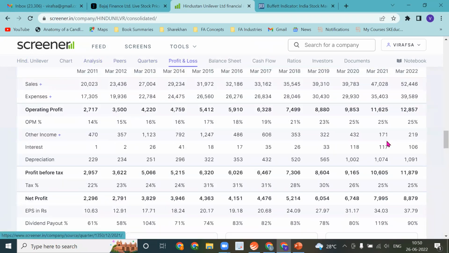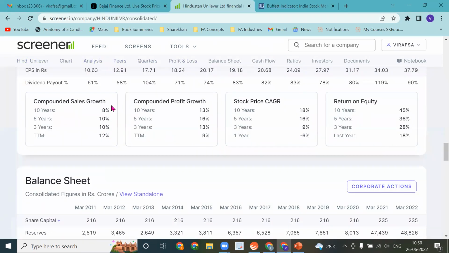You can see here. Last 5 years, 10. This last 12 months, it has increased. Okay, here it is around 13 and 16%. Last 12 months, it has gone down, profits. So sales has gone up, but the profits have gone down. What do we indicate? Margins are coming down.